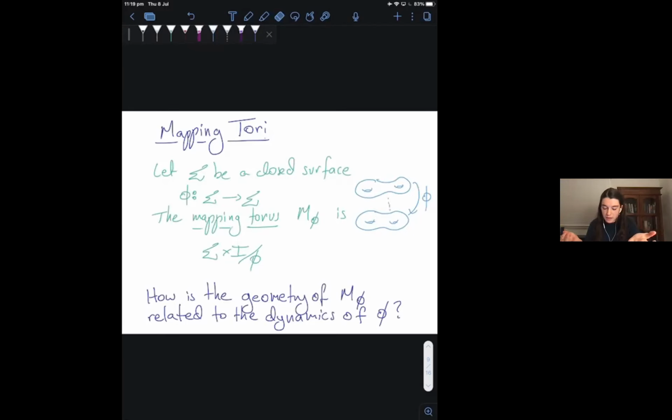Because if I can find some relationship, this tells me something in common about all my different maps, of which there are going to be infinitely many in general. Yeah, and this was a question that was posed by Futer and Schleimer, and I really would be very interested to hear about any thoughts anyone's got.